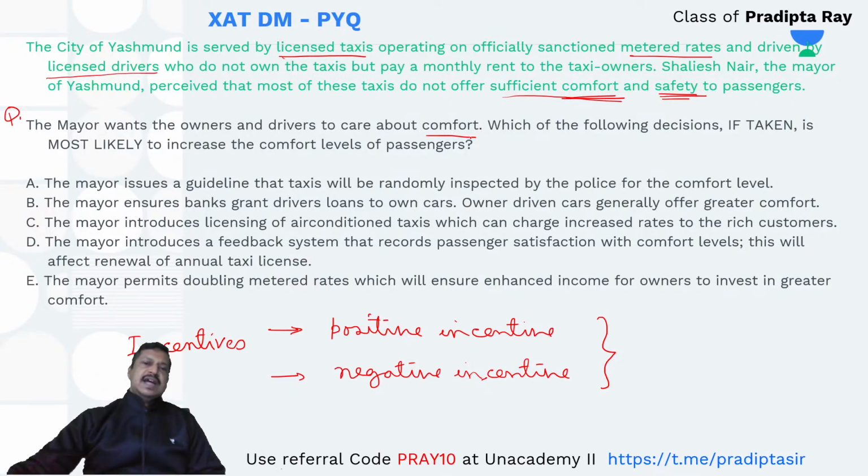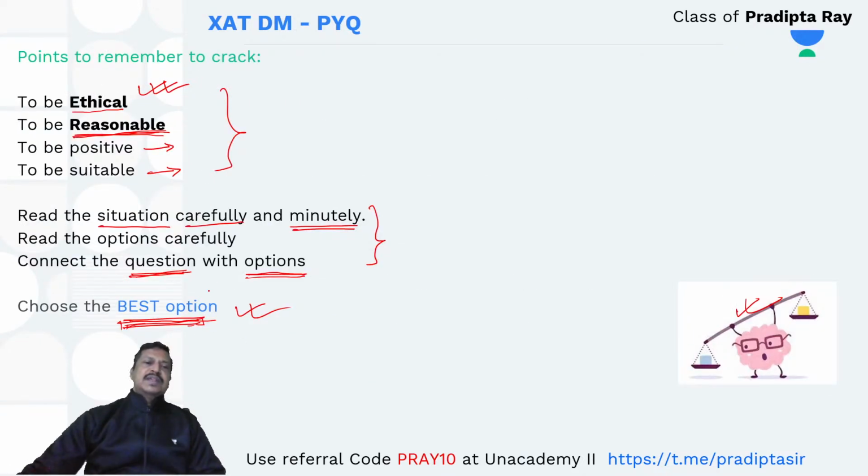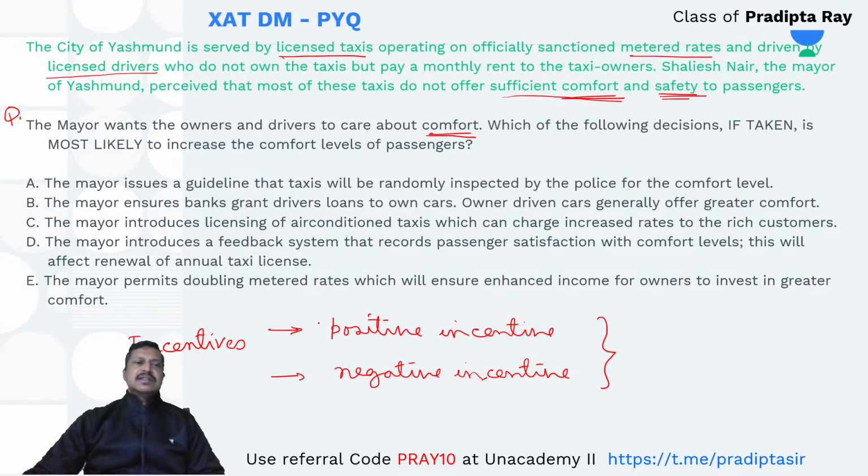Now, the Mayor wants that they should take some care of the comfort. Which of the following decisions, if taken, is most likely to increase the comfort level of the passenger? Now, one thing I told you, please remember, out of the options, you have to choose the best option. You can very well eliminate the options also, right? Elimination is also another strong process.